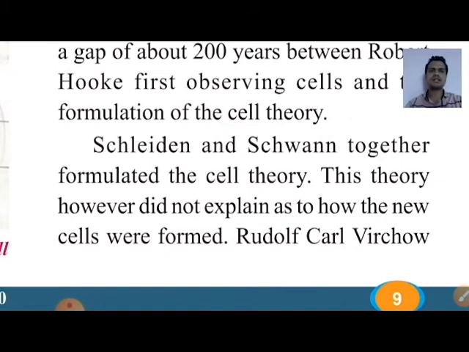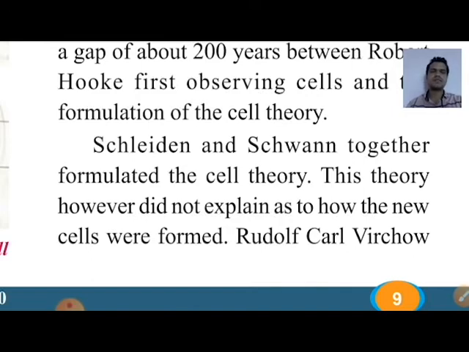Who formulated the cell theory? Two scientists: the first is Schleiden and the second is Schwann. Both formulated the cell theory, and this theory however did not explain how new cells come about, but they knew that old cells convert into new cells.